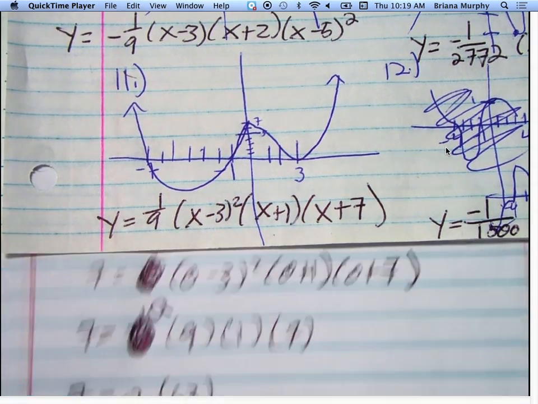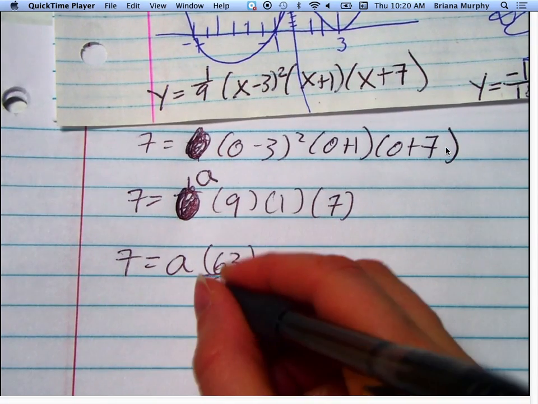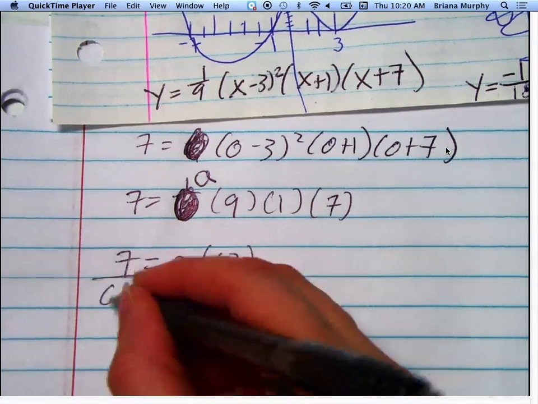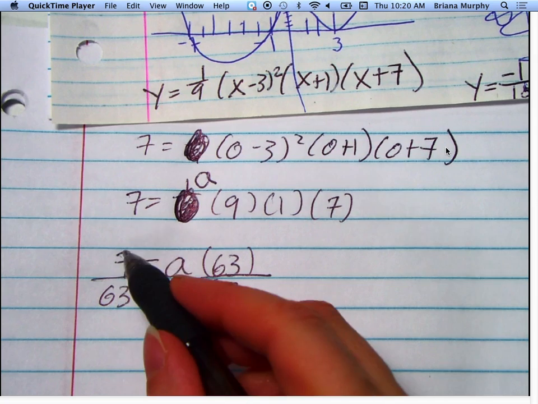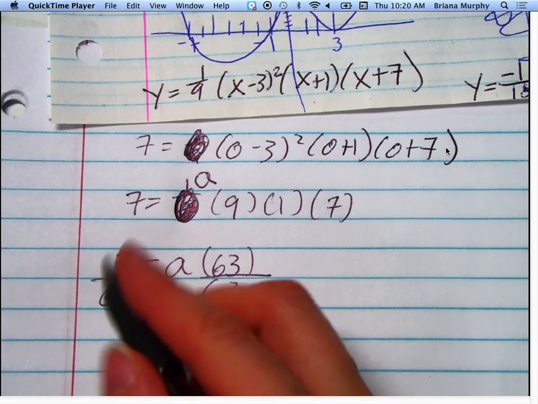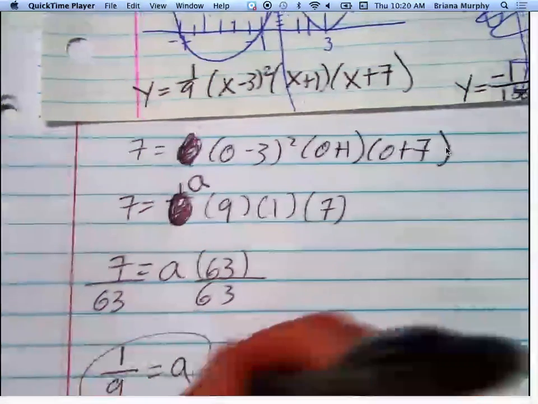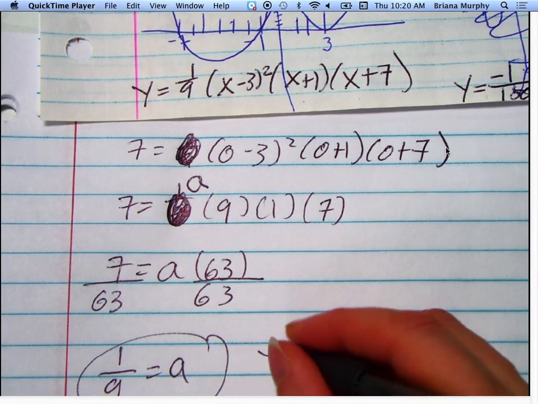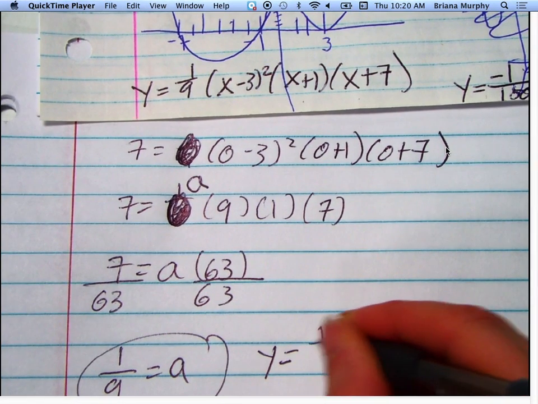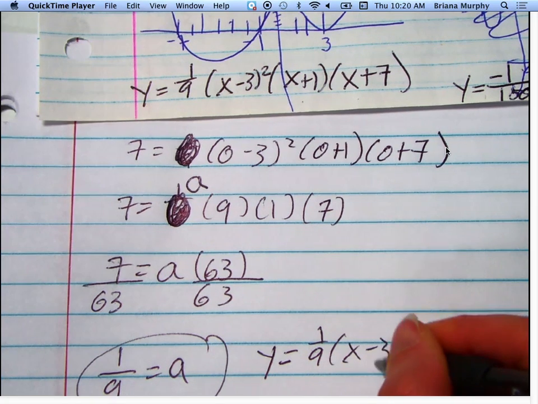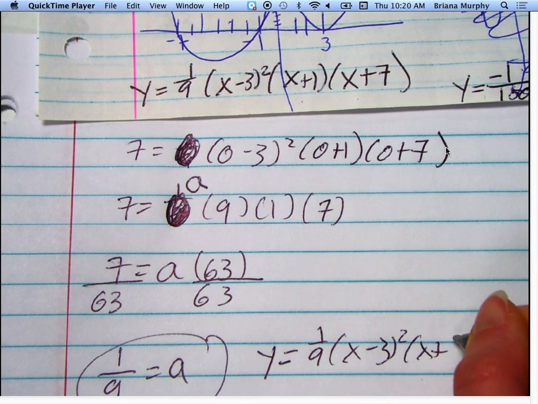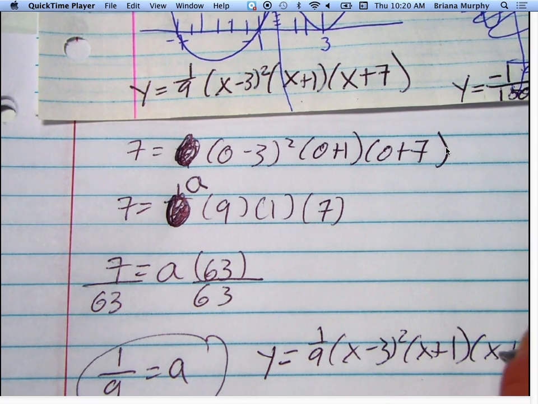Divide both sides by 63. And 7 goes into 7 one time. 7 goes into 63 9 times. That's how I get A. So we rewrite it as y equals 1/9 x minus 3 squared times x plus 1 times x plus 7.